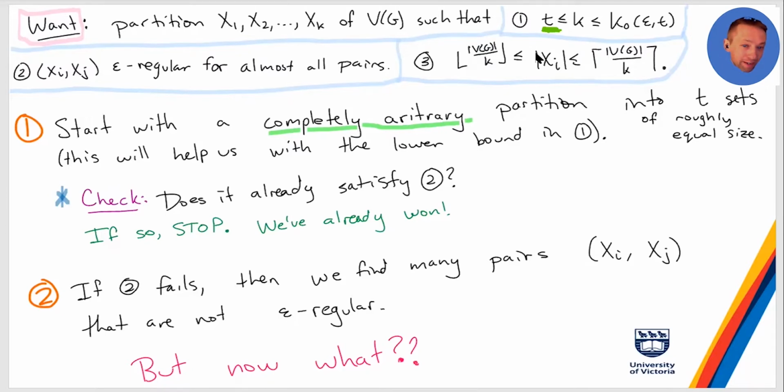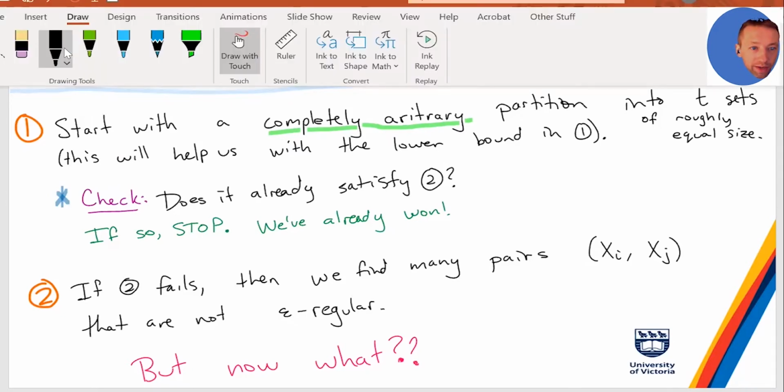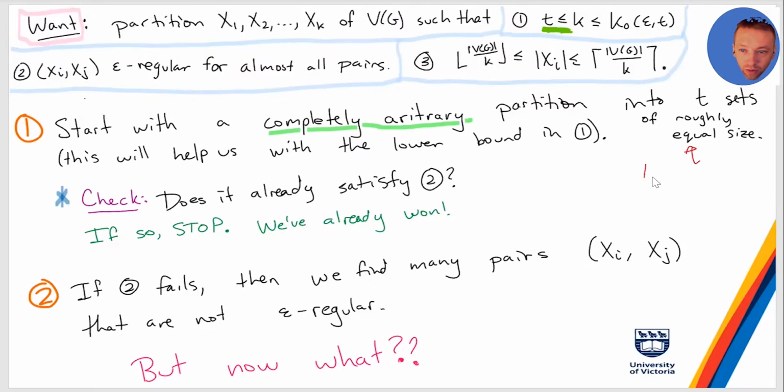Then maybe the number of parts will increase, but that's okay because it'll be at least t. By roughly equal size, I mean all the parts have size the floor or ceiling of the number of vertices of G over t. In this first step there's nothing intelligent: just take the vertices and split them up into t sets however you want.